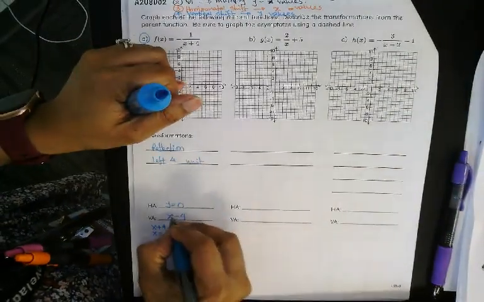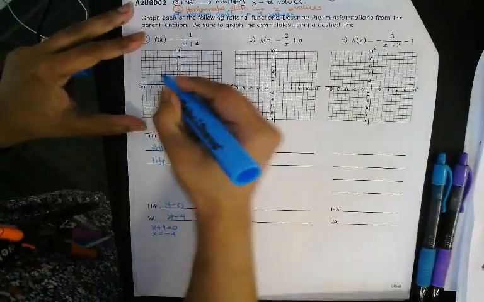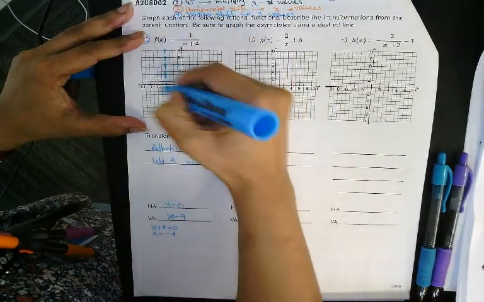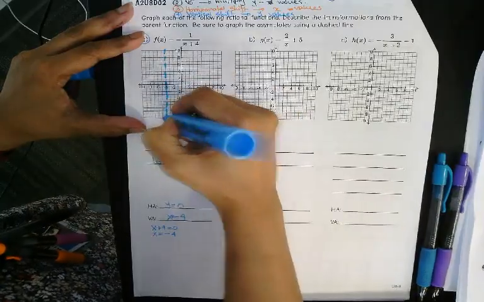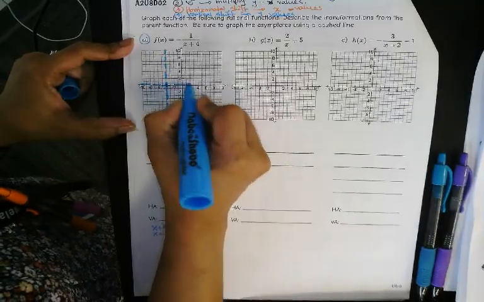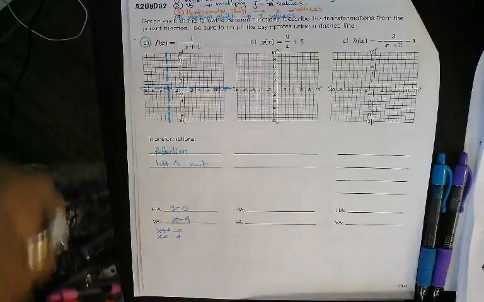I have x equal to negative 4. This one over here, that's my vertical. Always draw the asymptotes with a dotted line. And then I have y equal to 0. That's the other asymptote.